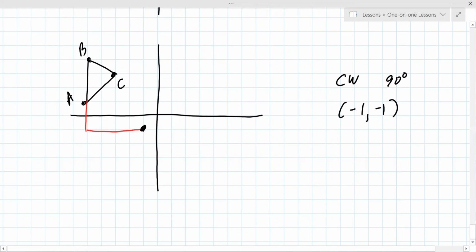And then we're going to do clockwise. Okay, so this is A prime. This is B prime.